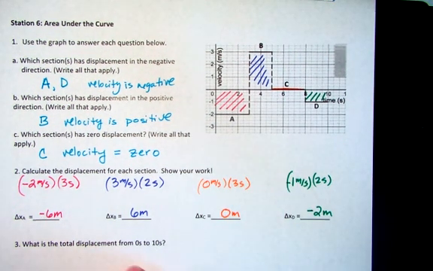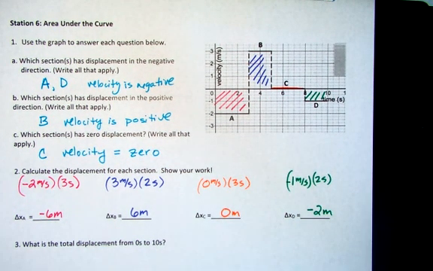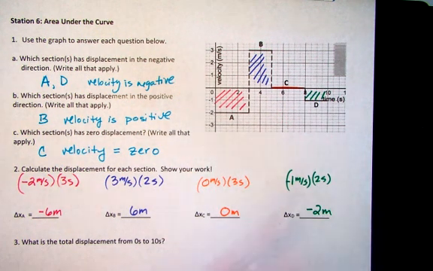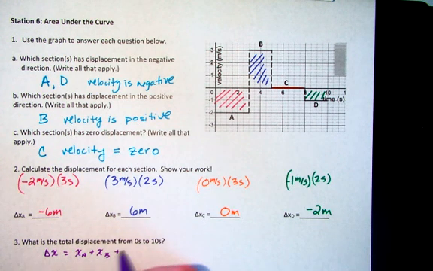Then it wants us to identify the total displacement from 0 to 10 seconds. So what I need to do is add up the displacements from all the sections. So delta x for the total displacement is going to equal the displacement for A plus the displacement for B plus the displacement for C plus the displacement for D. Okay?